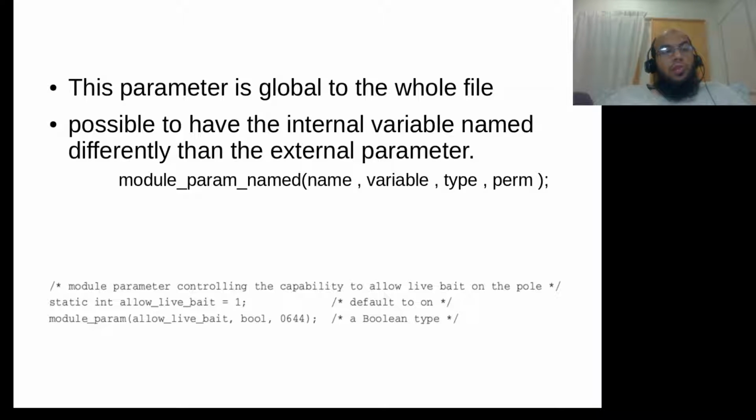Although you have it defined here with 1, you say it's a boolean type, and you pass in the permissions. You can possibly also have an internal variable name different than the external variable name, and in this case you will use module_param_named, which will differentiate between an internal variable name and an external parameter.